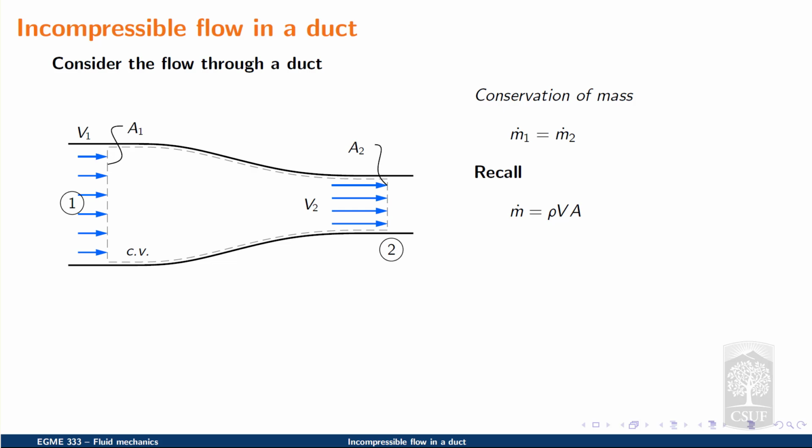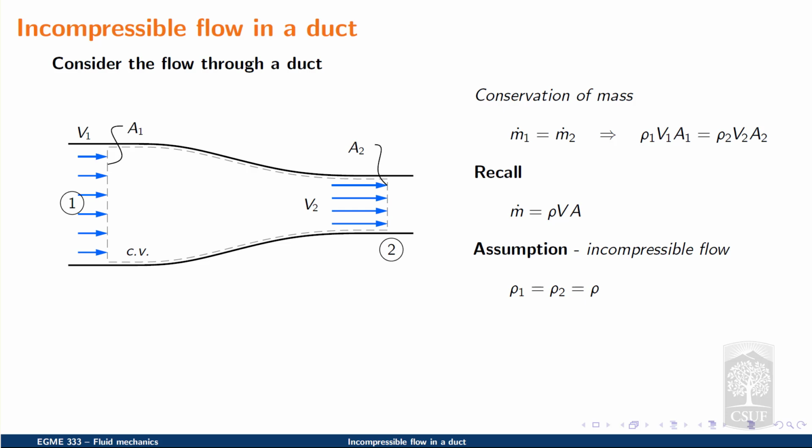So we can rewrite the expression for conservation of mass as simply rho 1 times v1 times A1 is equal to rho 2 times v2 times A2. I've stated that I am assuming that the flow is incompressible. Mathematically, that means that the density at point 1, rho sub 1, must equal the density at point 2, rho sub 2, where the density is essentially uniform throughout the flow, which we often simply write as the density rho.